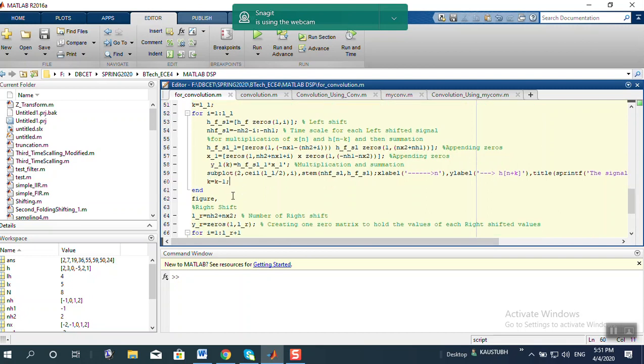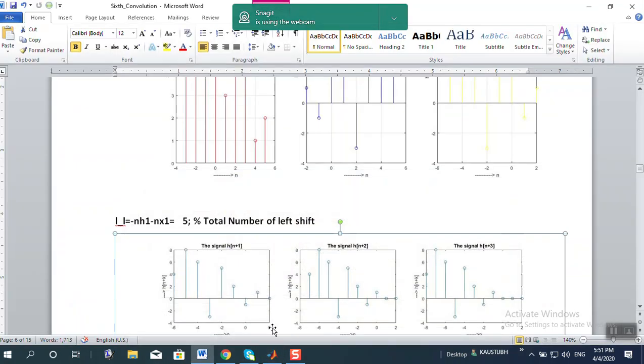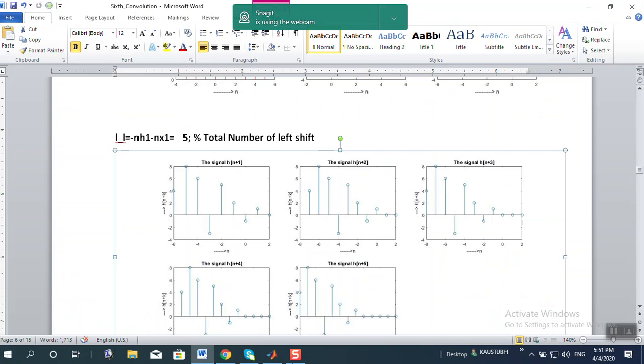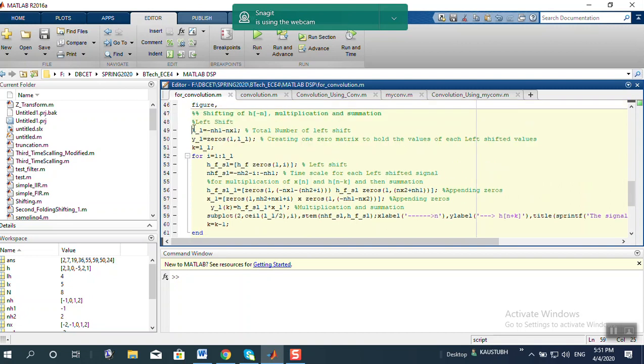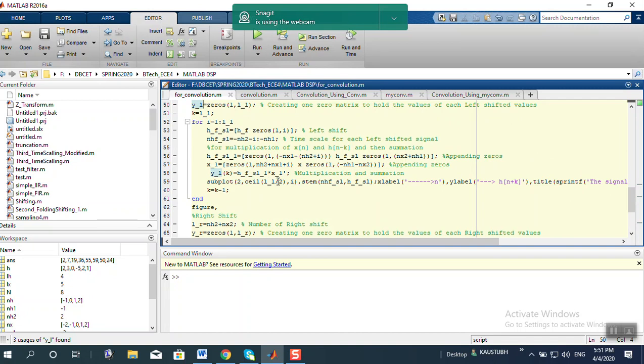And how do we plot the shifting part? It is a subplot. In subplot, the first argument is the number of rows, the second is the number of columns, but here it is a variable. Since L underscore L gives the number of shifts, it is 5, so 5 divided by 2.5, so it will be 3.